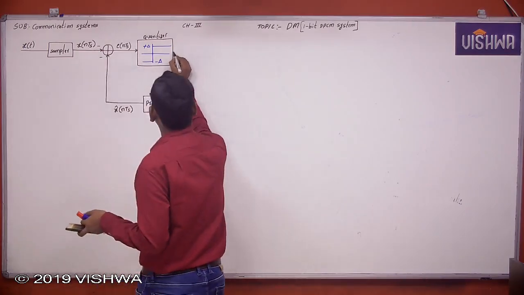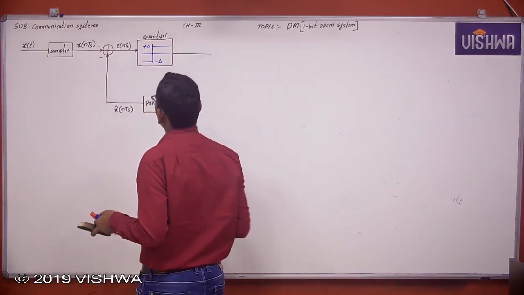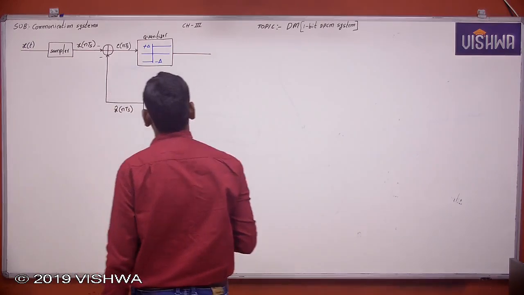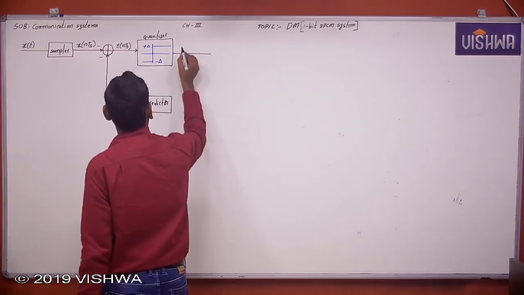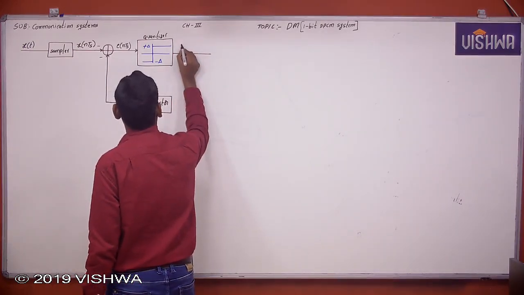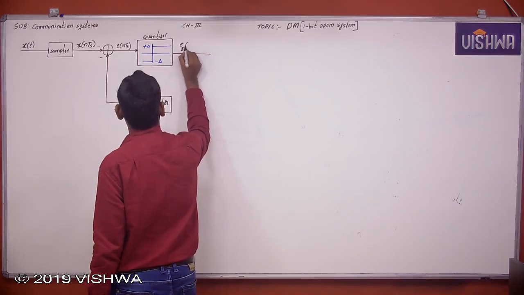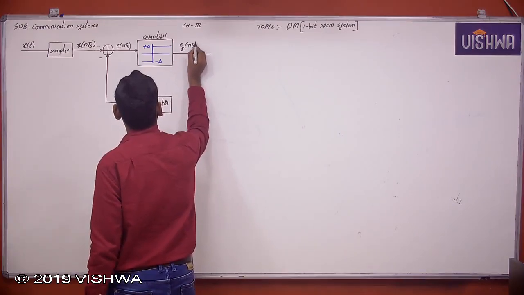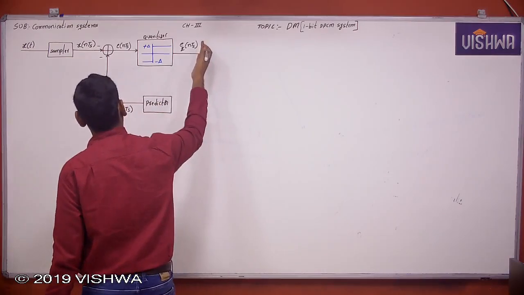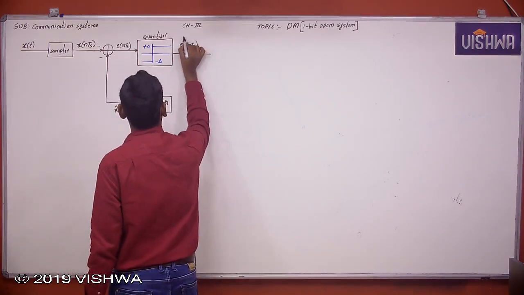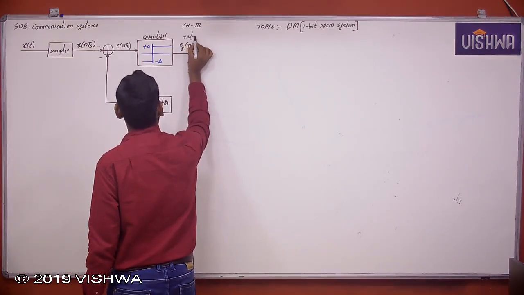When this difference is positive, it is plus delta, and when this difference is negative, it is minus delta. Now this is the quantized error signal, as a plus delta or a minus delta.